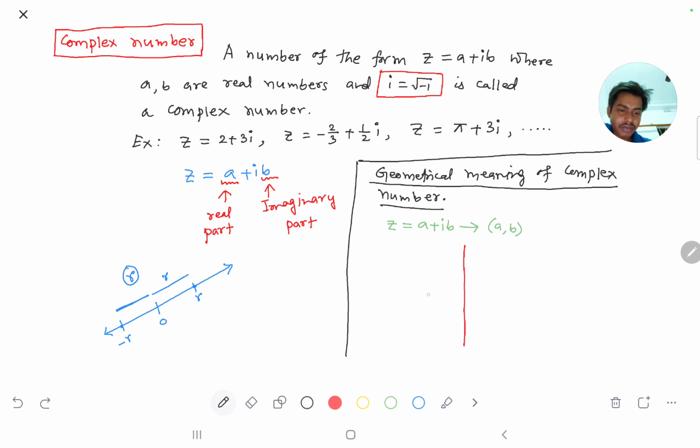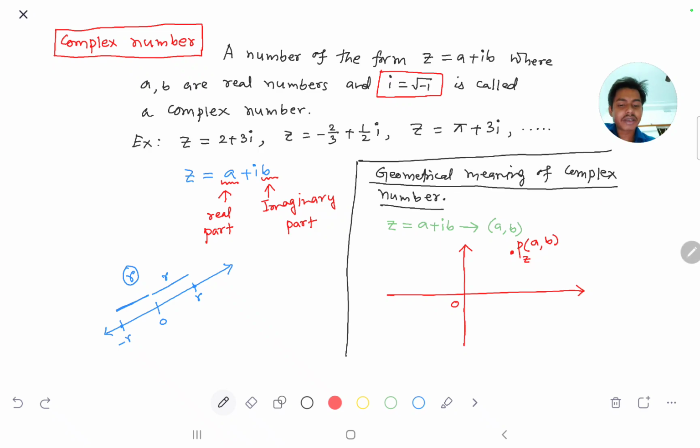So if you take the x-axis and y-axis, here we get a point having coordinate (a, b). That point, let's say we denote by P suffix z. P suffix z means this point P corresponds to the complex number z. So any complex number will be a point on the xy plane.